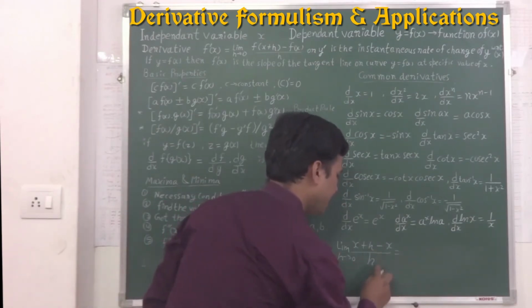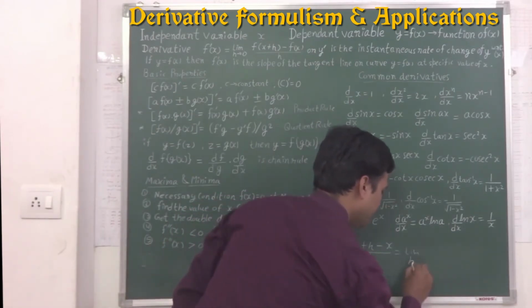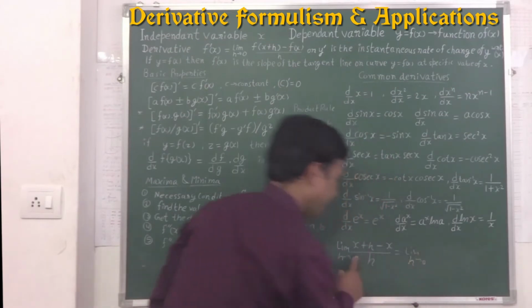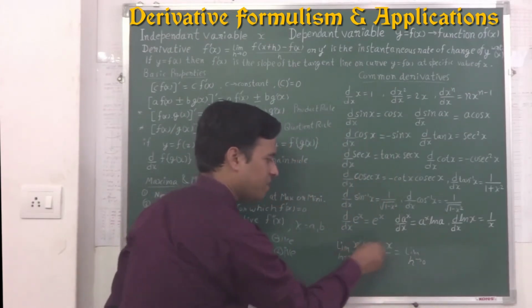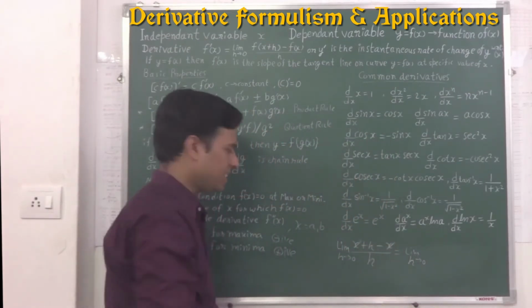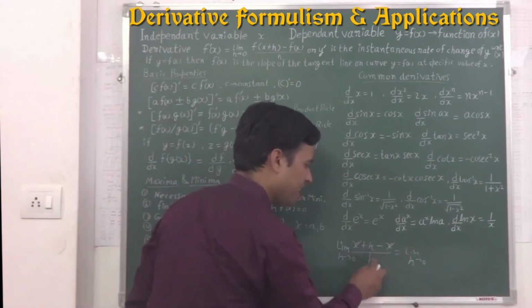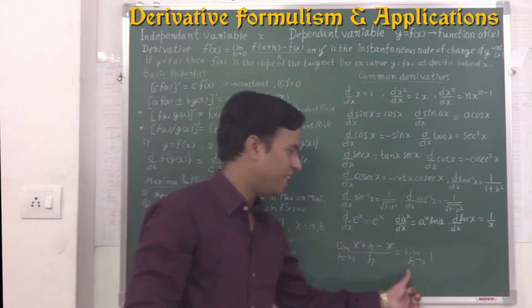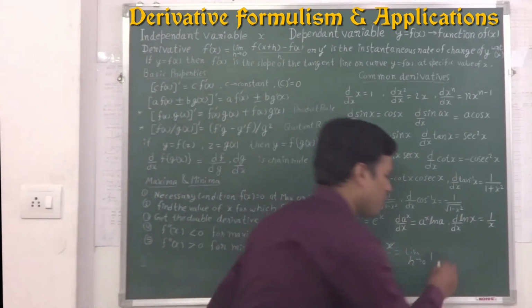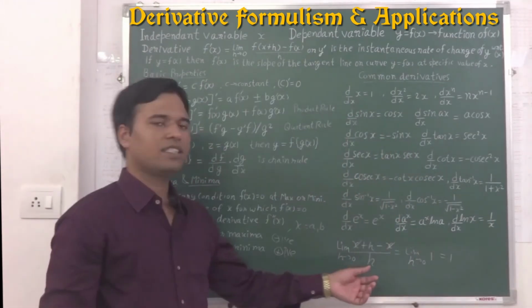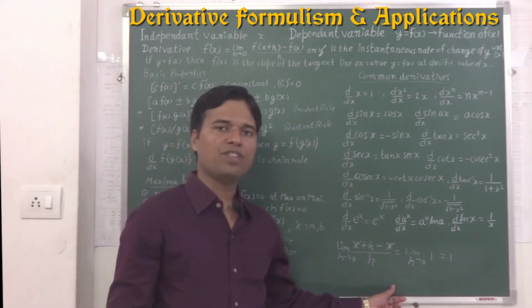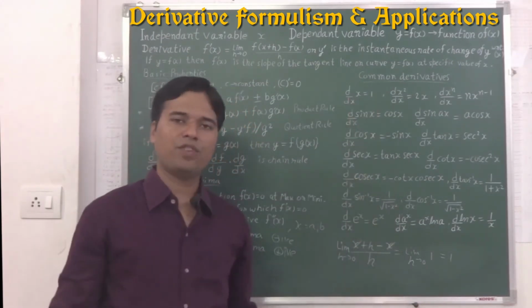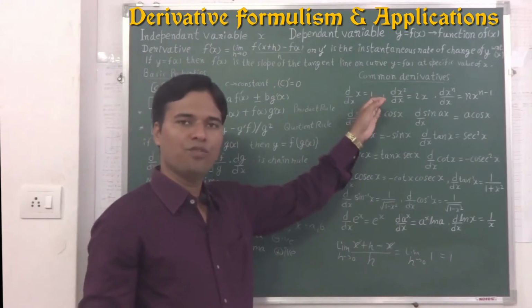Now it is limit h tends to 0 and the x and x part is cancelled, so it is h upon h, which is equal to 1. If h tends to 0, then also we will get 1. This is the first derivative of x with respect to x, and it has the value 1.